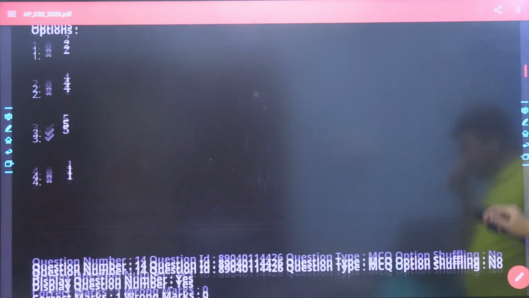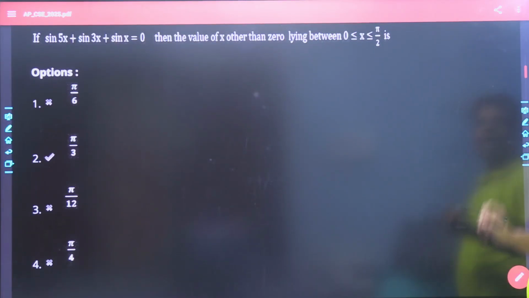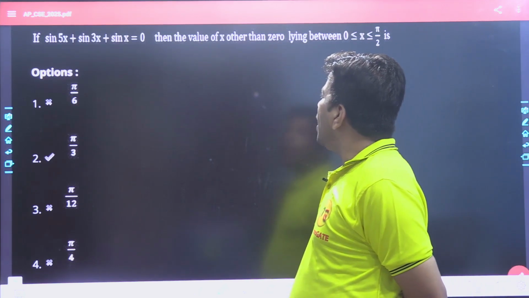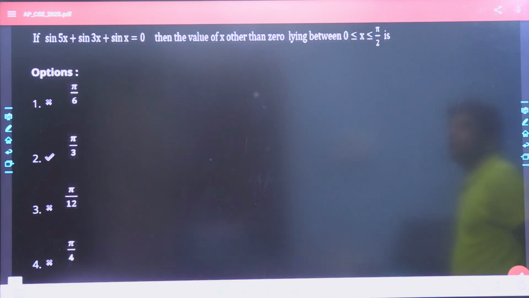Let's move to the next question. Sin 5x plus sin 3x plus sin x equals 0, find the value of x between 0 and pi by 2.